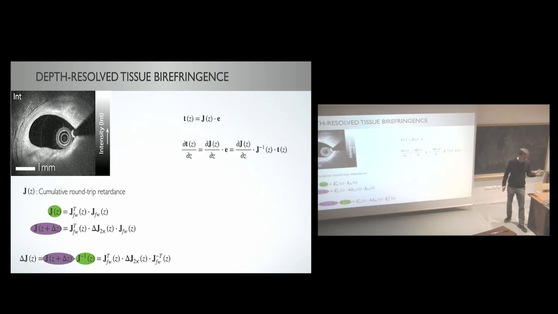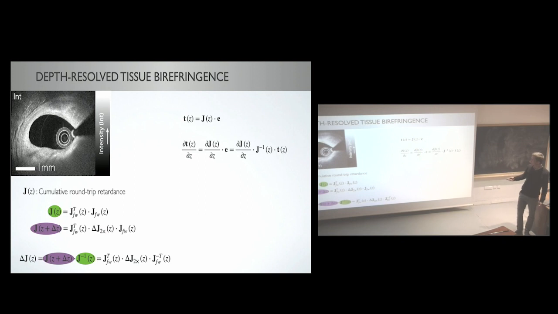So, I just want to give you another way to think about this. Think again that the round-trip Jones vector that we observe, the detector that corresponds to the round-trip transmission. What we want to look at is the depth dependence, or the path length variation, of this polarization state. Now, this corresponds to the derivative of the matrix.